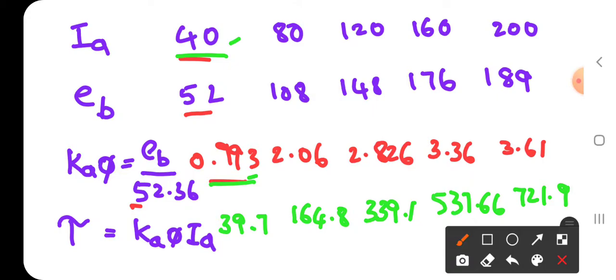Now you draw the graph of torque versus Ia, taking Ia on the x-axis and torque on the y-axis.